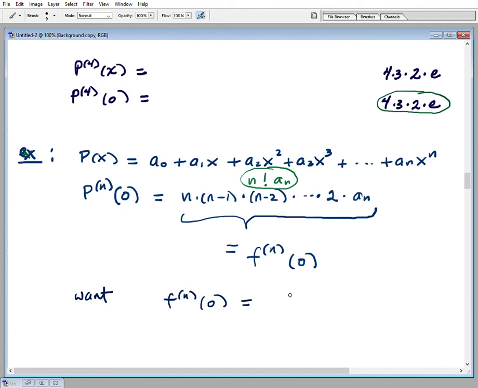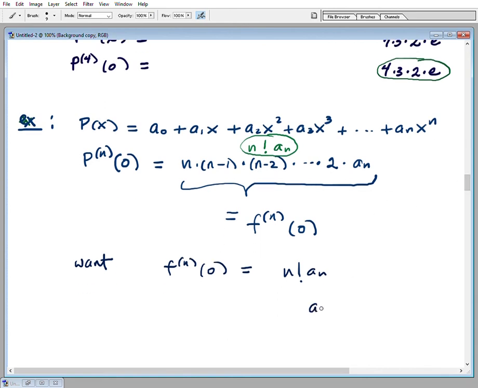So I'm just going to put these equal to one another. We want this to equal n factorial times a_n. So how should we choose a_n? a_n should be equal to this.